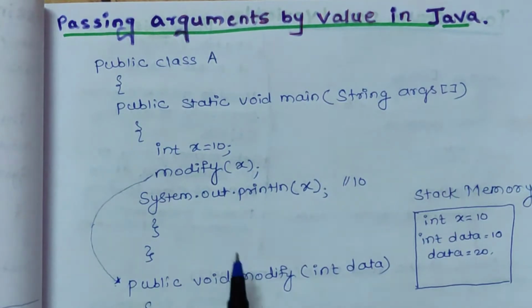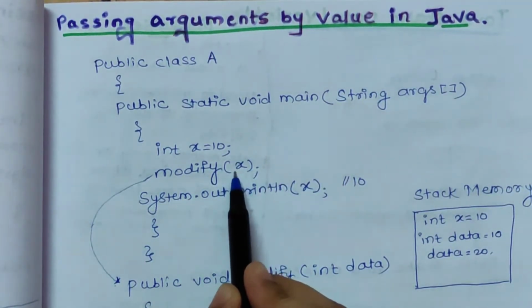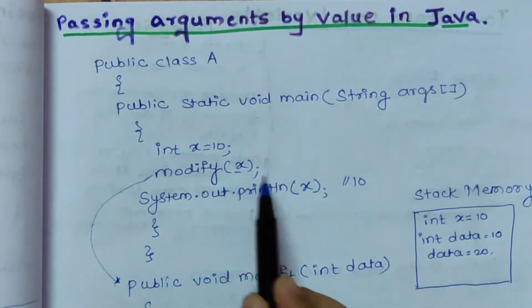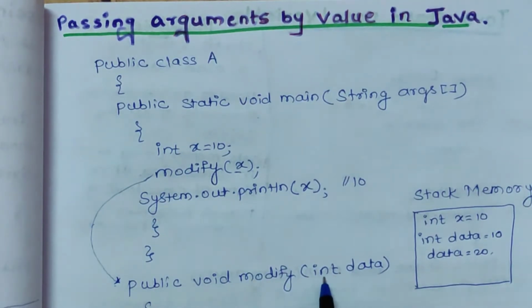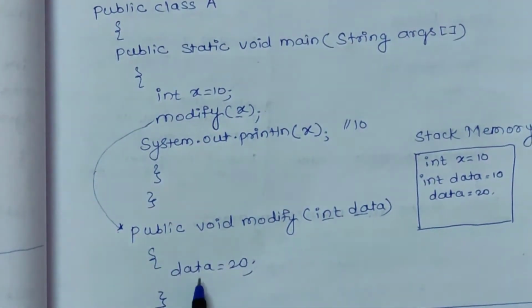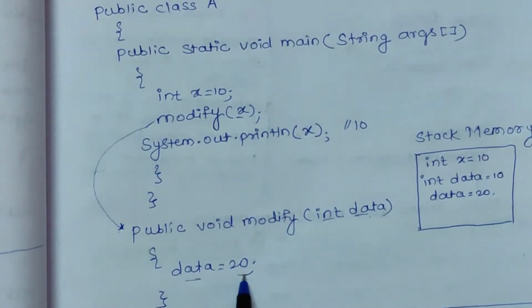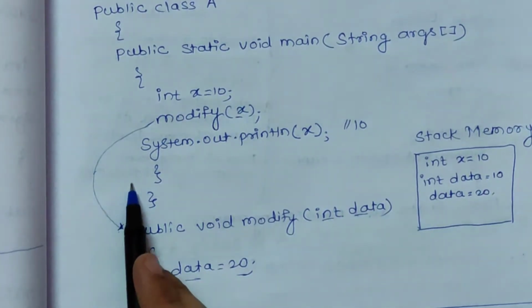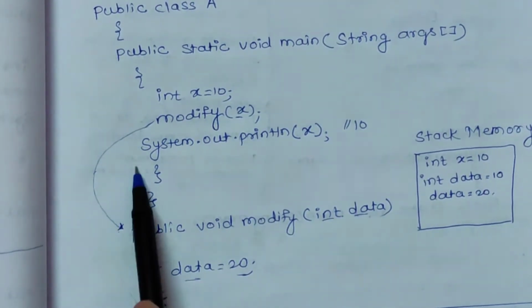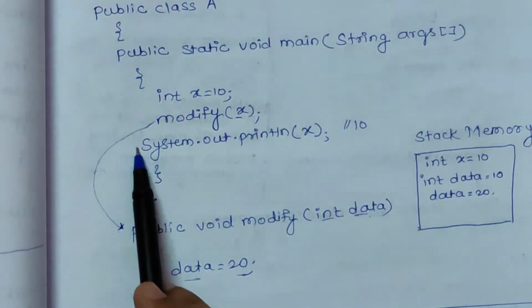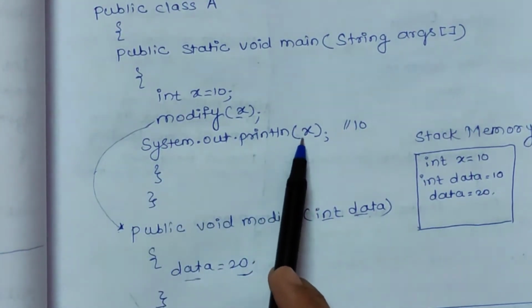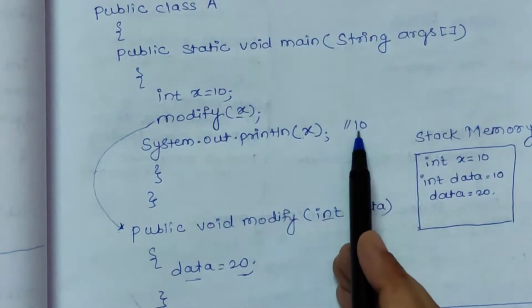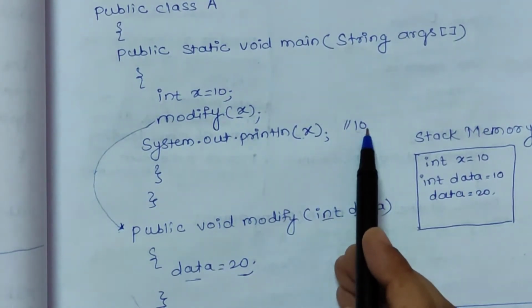And in this method you can see here the value x that we have passed here will be received in integer type of variable data, and we are modifying the value of this data variable. Instead of 10 we are putting value 20. After execution the program control will be shifted back here, and here we are displaying x, and the value of x will be displayed as 10, not 20.